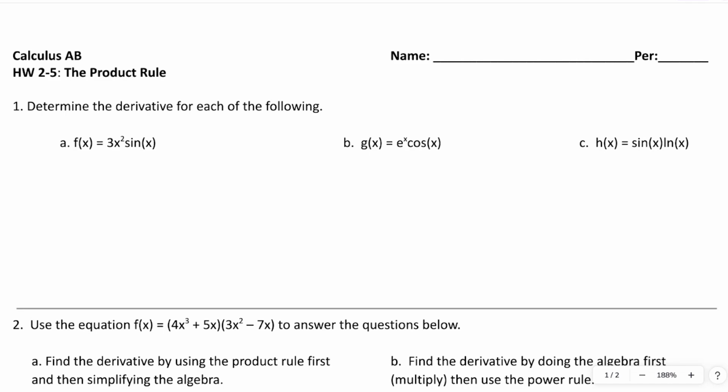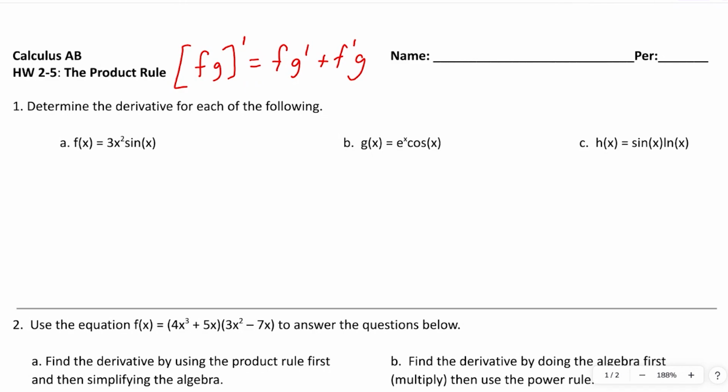So let's talk about just the product rule in general. If you're trying to differentiate a product of two functions, what you have to do is differentiate one of the functions. So let's say we differentiate g first. We're going to multiply f times g prime and then add that to f prime g.